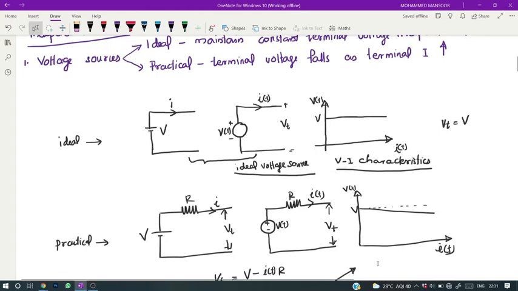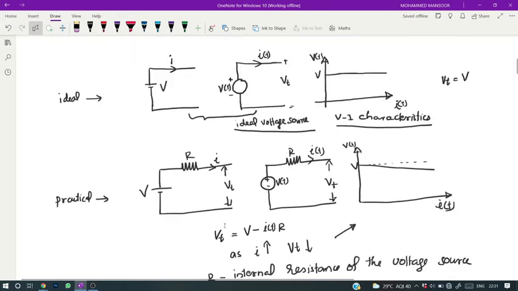Based on this relation, a practical voltage source can be represented by an ideal voltage source in series with a resistance R, so that terminal voltage Vt is equal to V minus I of t into R. So as I increases, terminal current increases, this drop increases.